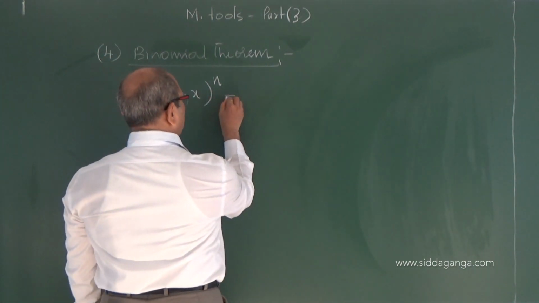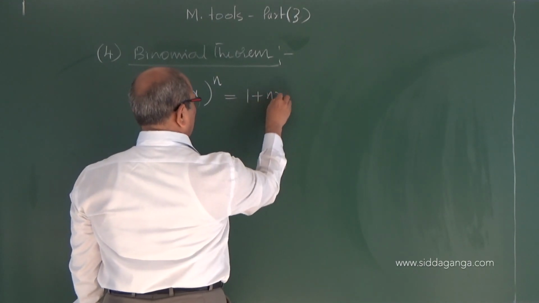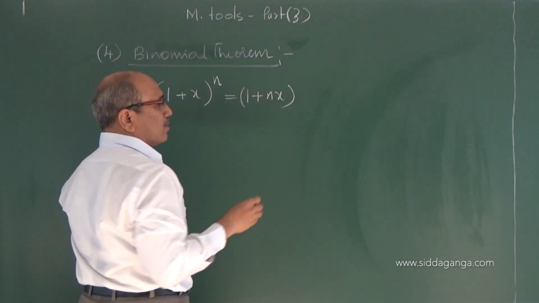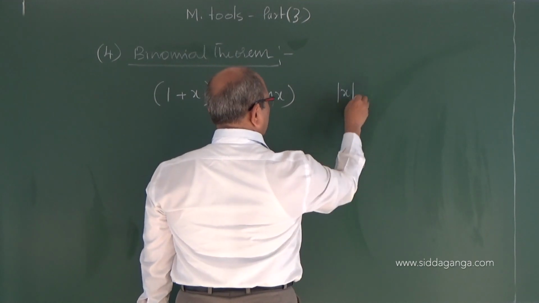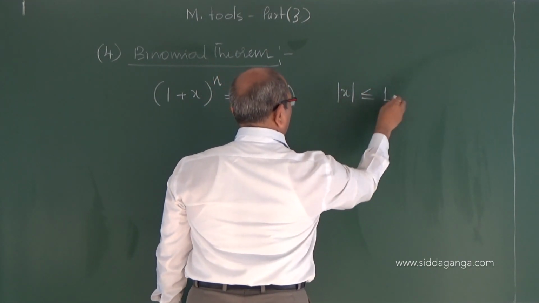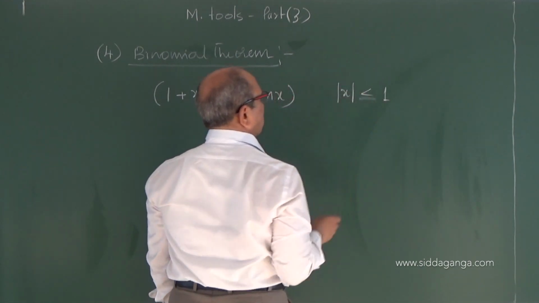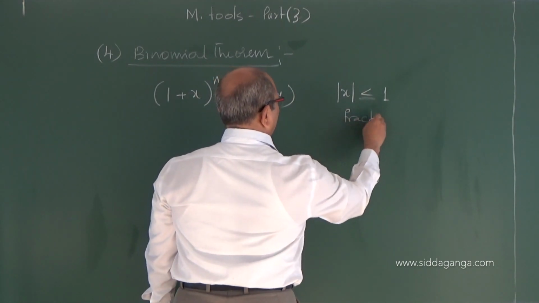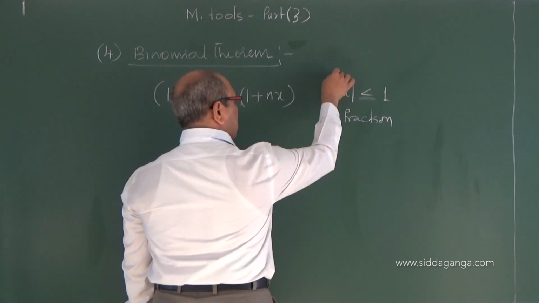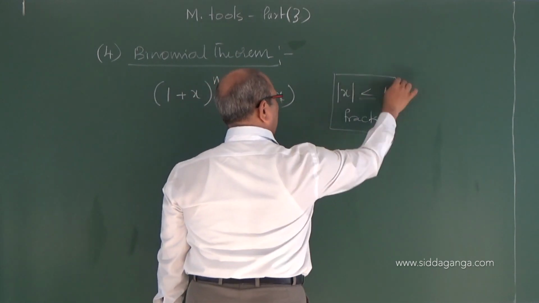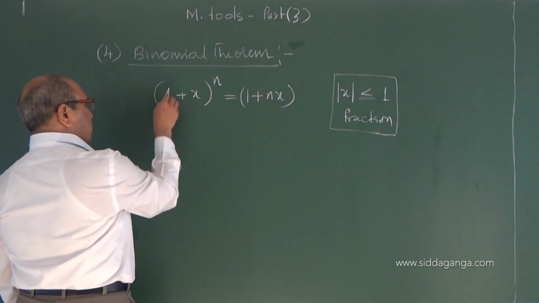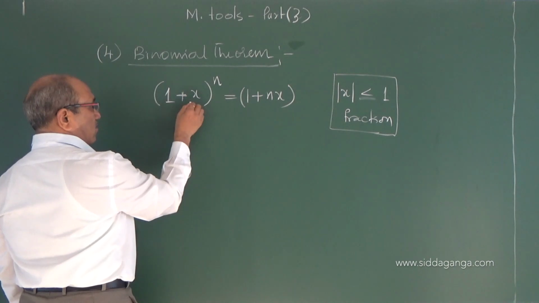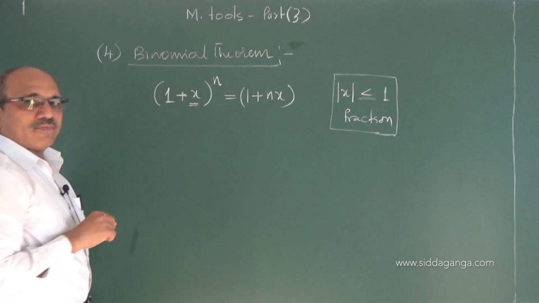The solution to this is 1 plus nx, where the magnitude of x is always less than 1. It must be a fraction. The condition is very important here. The first term must be 1, and the second must be a fraction.